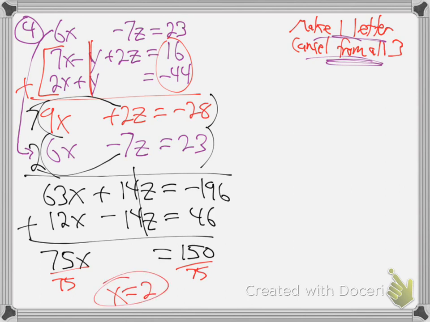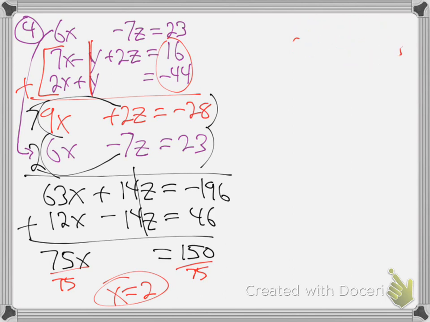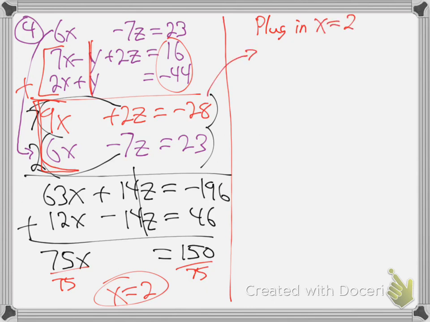Now what do you do once you've got x? You go up and you plug it in to one of the two equations right here that only had two letters. So I'm going to plug in x equals 2. Just grab, say, this equation here, 9x plus 2z is minus 28.